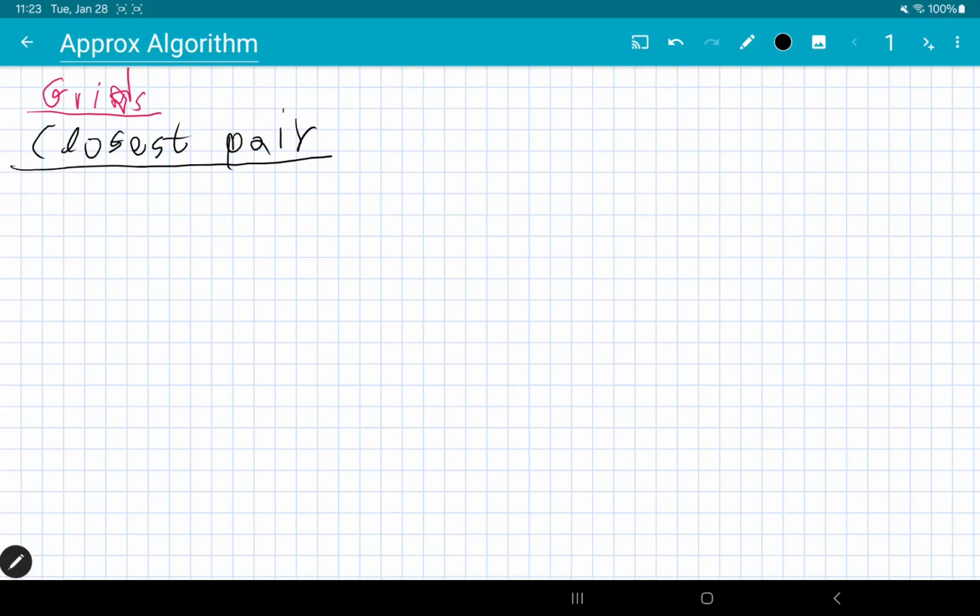The closest pair algorithm is not only very nice, it's also a good introduction to what grids give us and how we can use them.